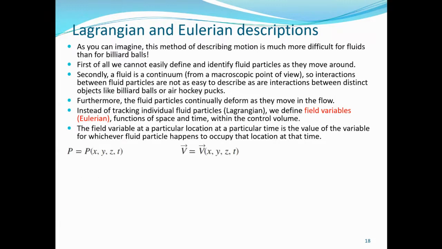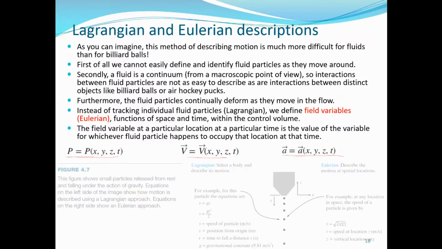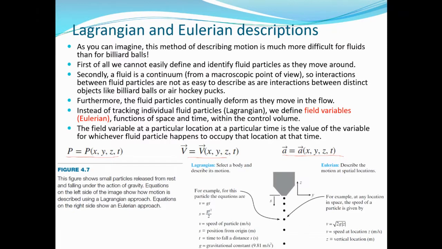For instance, you can have the pressure field, the velocity field, the acceleration field. These variables give the value for whatever particle happens to occupy that location at that point in time, unlike the Lagrangian approach, which tracks the movement of a given particle only.